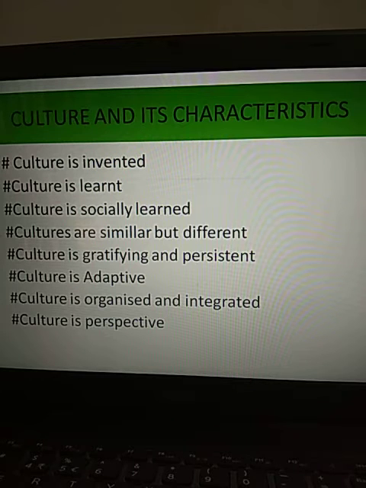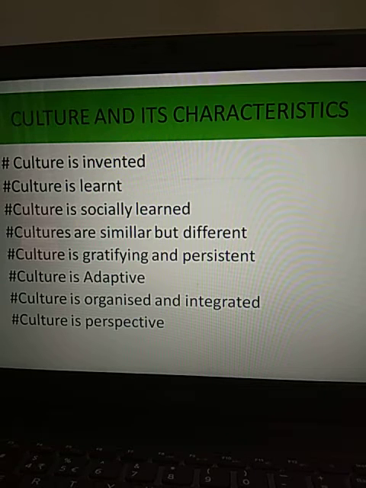Now we are going to discuss the characteristics of the culture. The very first one is that culture is invented. As I told you, culture is going to be transferred from the senior people to the junior people in the society. Let us take a family itself. From the heads of the family to the children, culture will automatically be transferred.